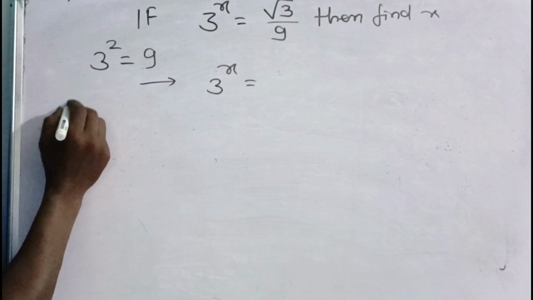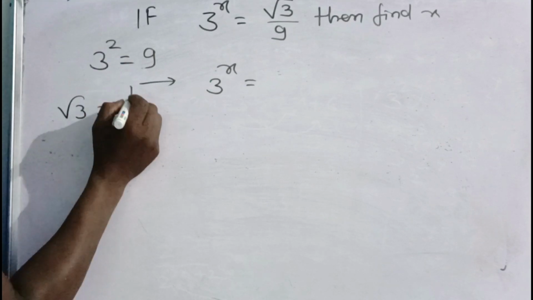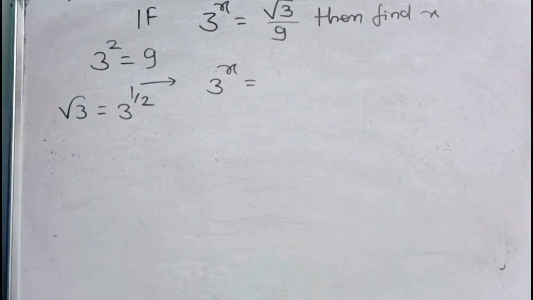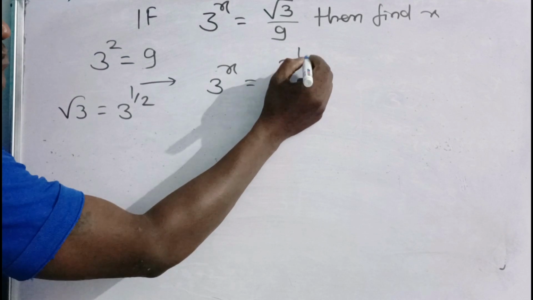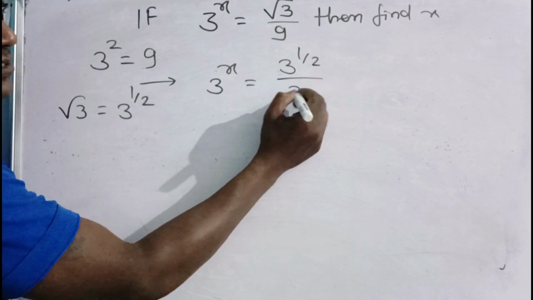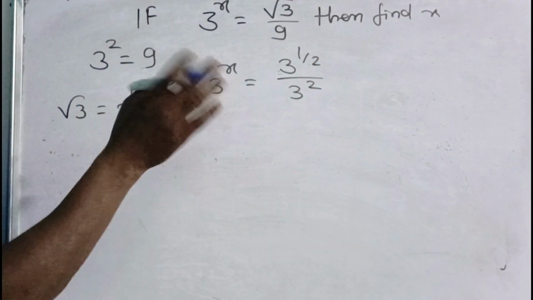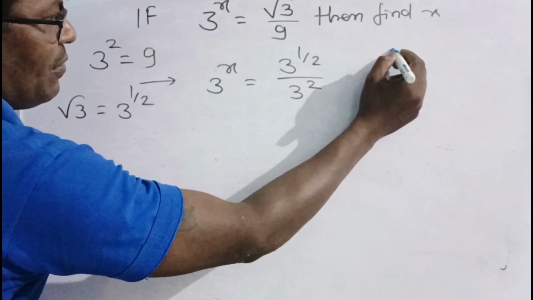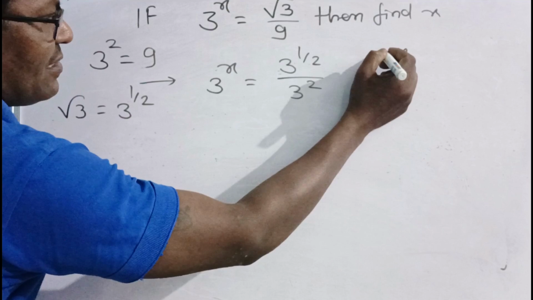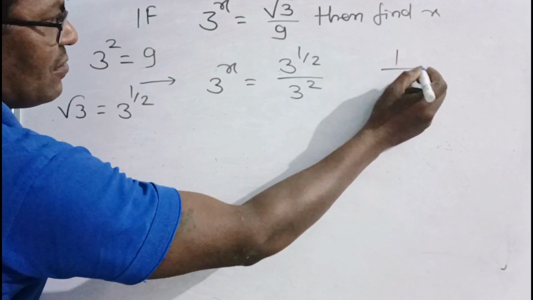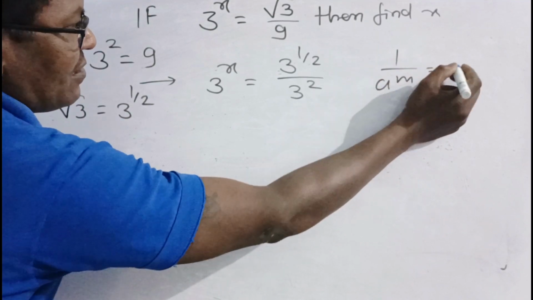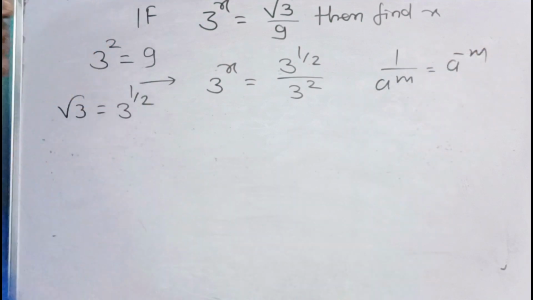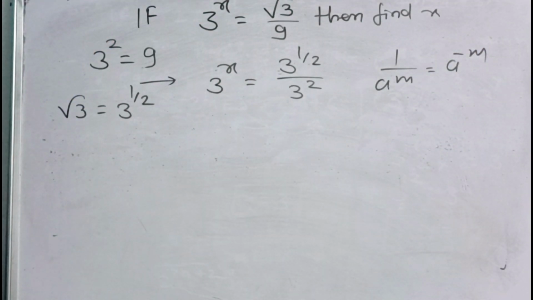What is the value of under root 3? 3 raised to the power 1 by 2. So 3 raised to the power 1 by 2 divided by 3 square. Then you can use here the property: 1 upon a raised to the power m is nothing but a raised to the power minus m.